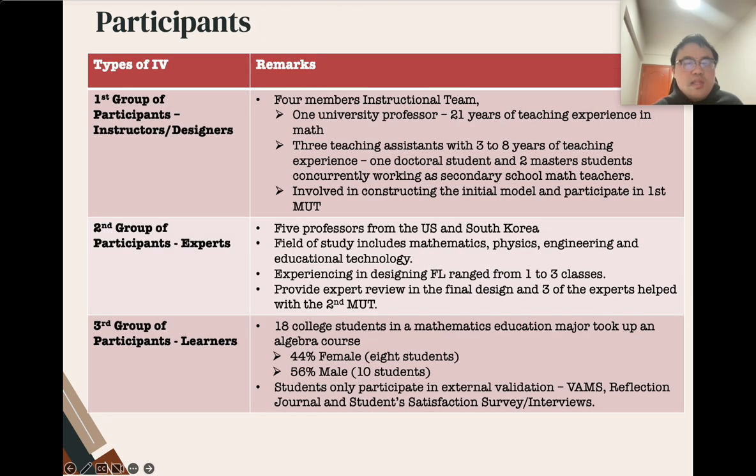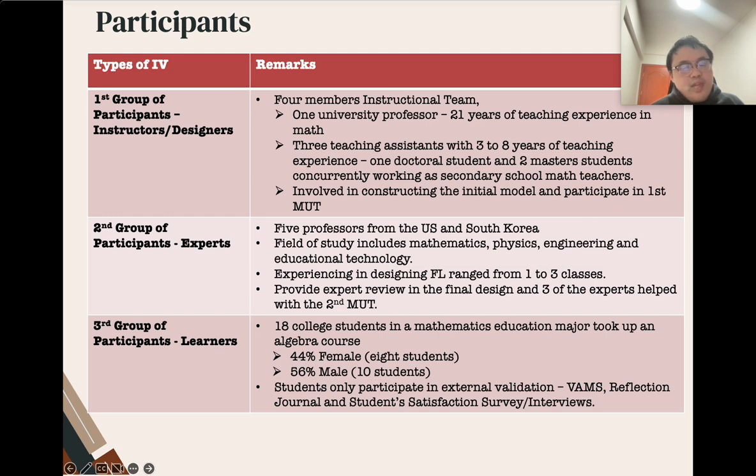Okay, these are the participants. There are 3 groups of participants. The first group of participants consists of the 1 university professor and 3 teaching assistants. The second group of participants were 5 professors that were invited from universities in the US and South Korea.